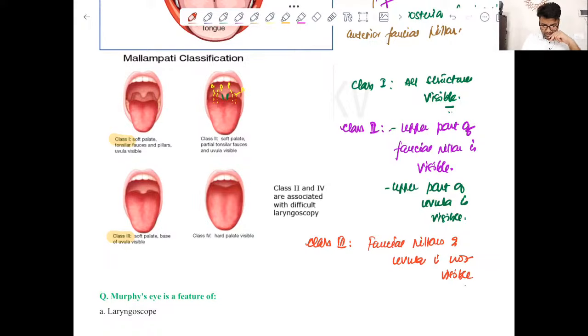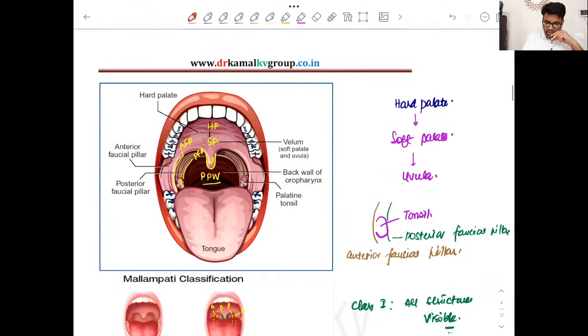Clear? And now here you can take one more word for better understanding. This hanging part is the uvula, and this is known as the base of uvula. If we draw the uvula something like this, this is the base of uvula, which is in relation to the soft palate.